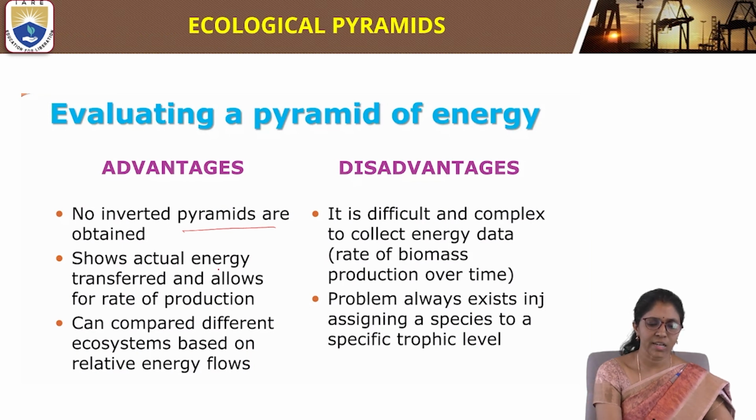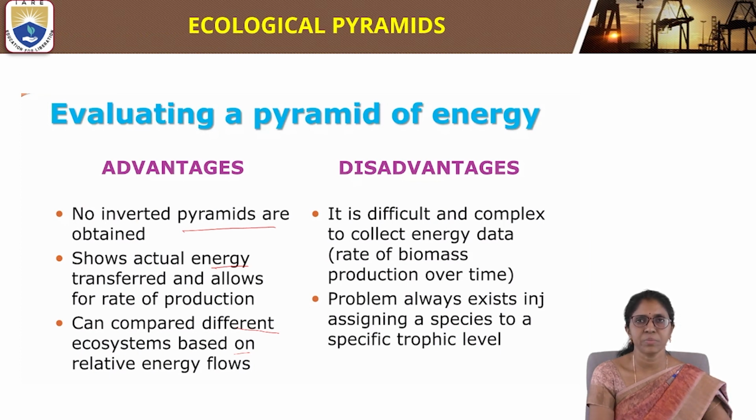It shows the actual energy transferred, allowing for rate of production. It can be used to compare different ecosystems based on relative energy flow. So these are the advantages of the pyramid of energy.